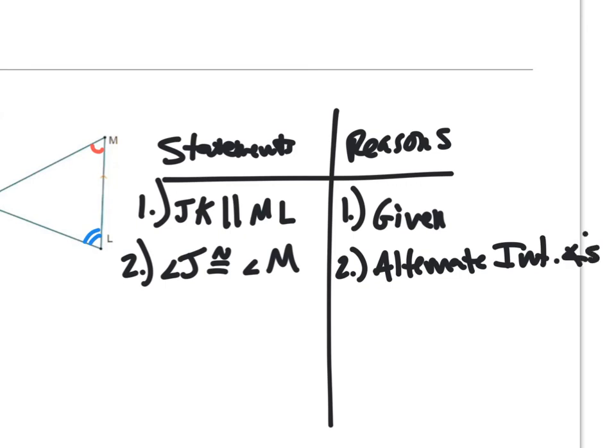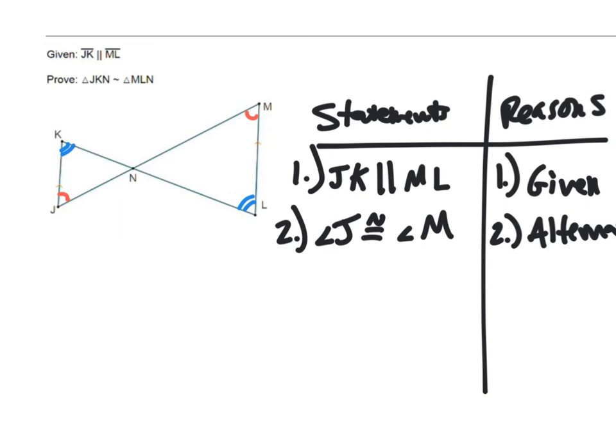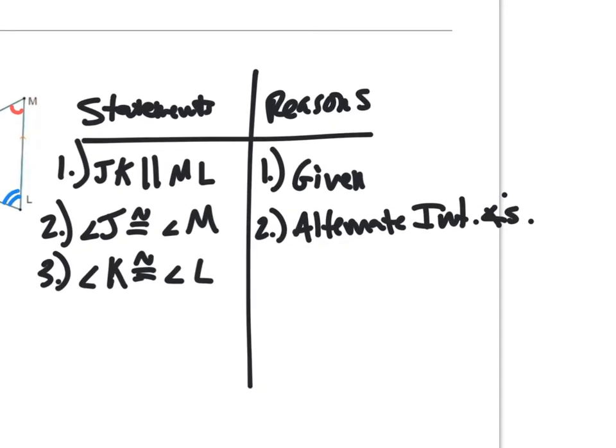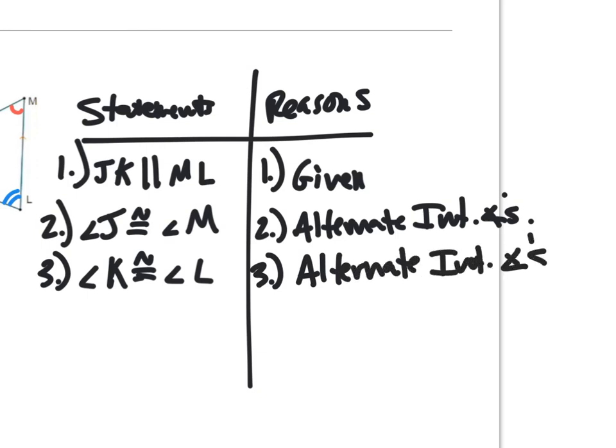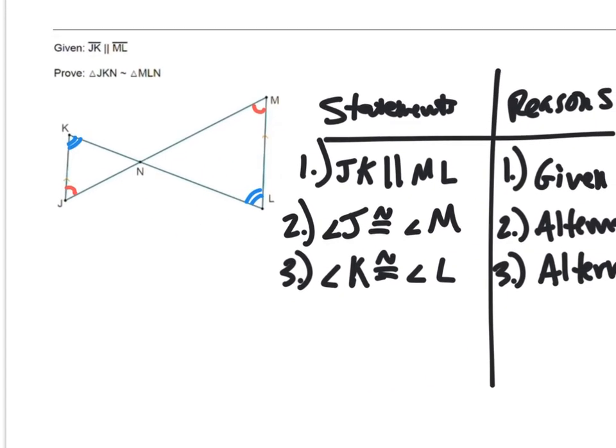The third statement that I can make is that angle K is congruent to angle L. The reason I can say that again is that those are also alternate interior angles.